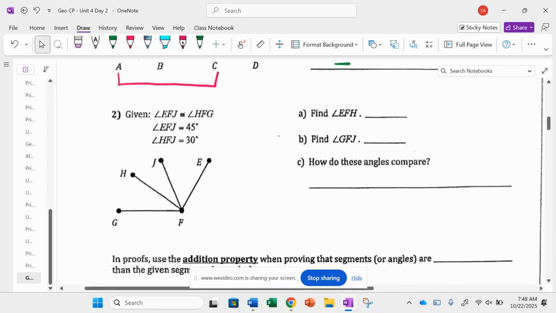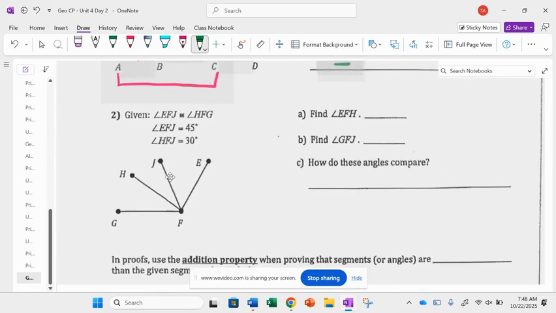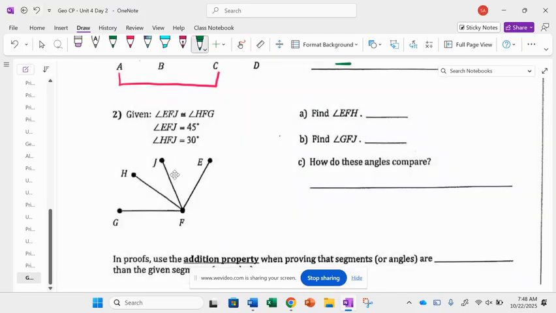And the same idea with angles. So here it tells us angle EFJ is congruent to angle HFG. And then it says that angle EFJ is 45 degrees, which means angle HFG, since they're congruent, is also 45 degrees.